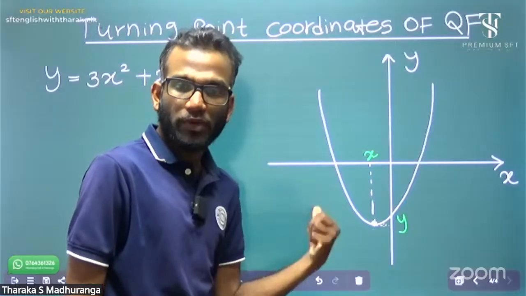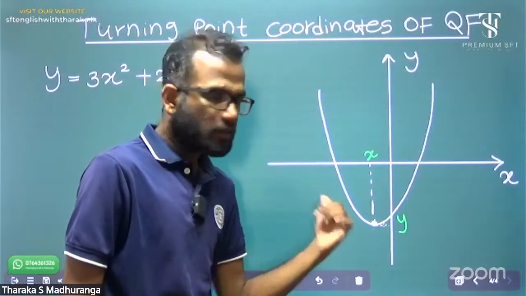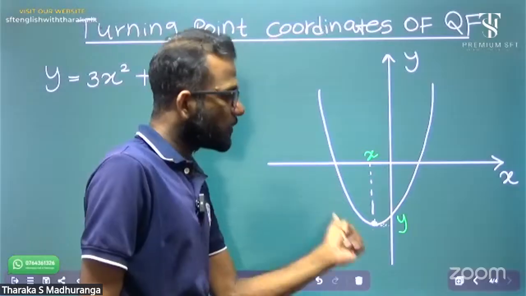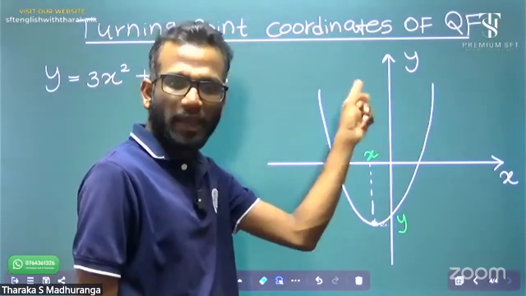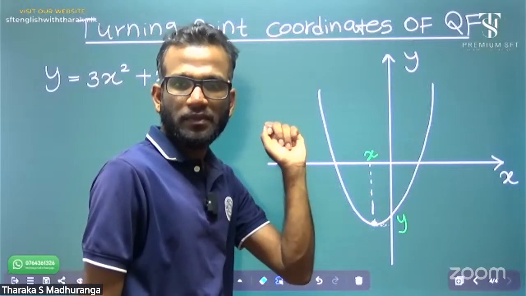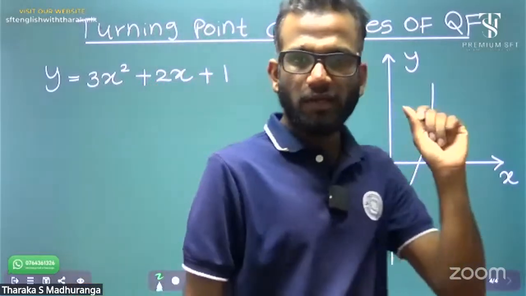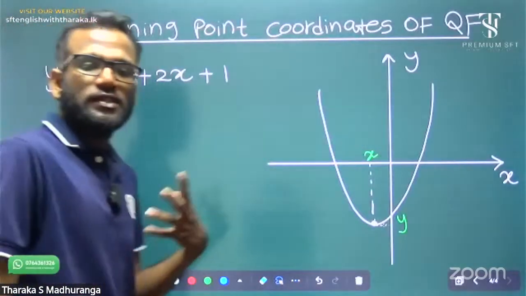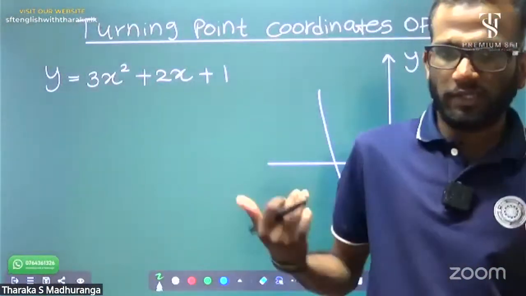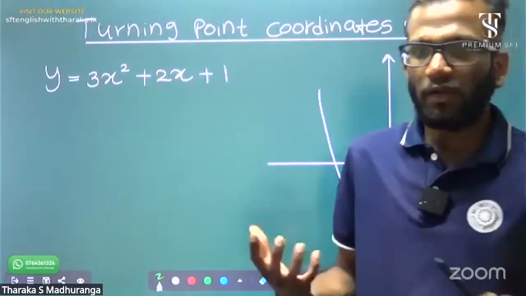Turning point coordinates mean, if it is a minimum graph, the minimum point coordinates; if it is a maximum graph, the maximum point coordinates. Understood, right? Now our challenge: how to calculate this?